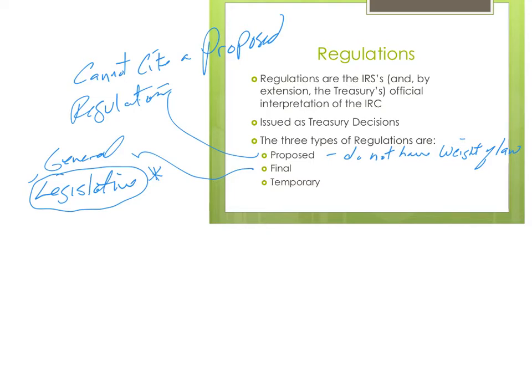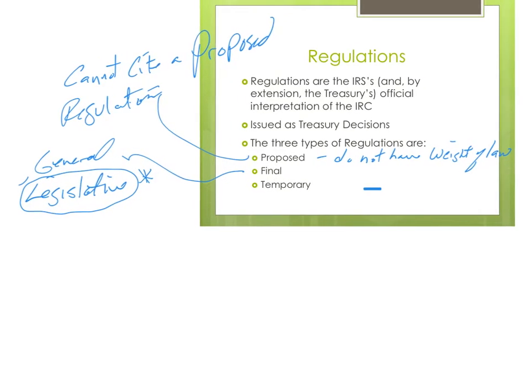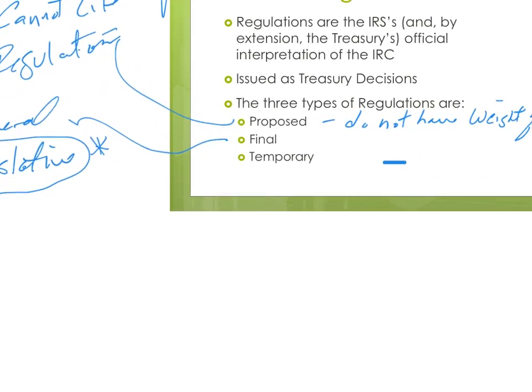All right? And then that brings us down to temporary regulations, and they're exactly what they sound like. They're issued typically in response to some change in the tax code. Let's see if I can make that a little bigger.